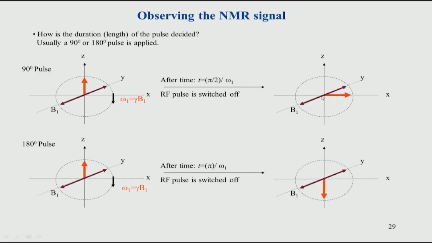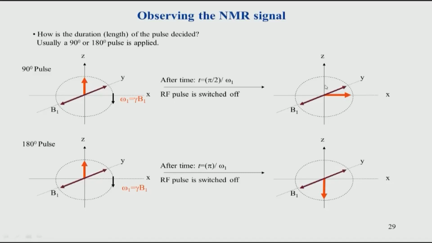So, this particular position is called 90 degrees, and if I stop the pulse now at this stage, the spins would be now remaining along this, they will not go further because the B1 will be gone. So, essentially we apply B1 field for a very short duration such that the magnetization, that is the red color magnetization, goes from z and comes by 90 degrees to x. So, this is called a 90 degree pulse.